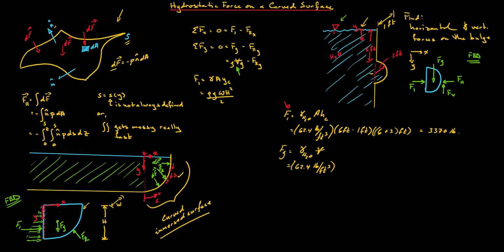For a full circle, it's pi r squared. So this will be pi multiplied by 3 feet squared divided by 2, since we only have a half circle. So now we have the area, and then we have to multiply it by the depth, which is 1 foot. And this results in 882 pounds.